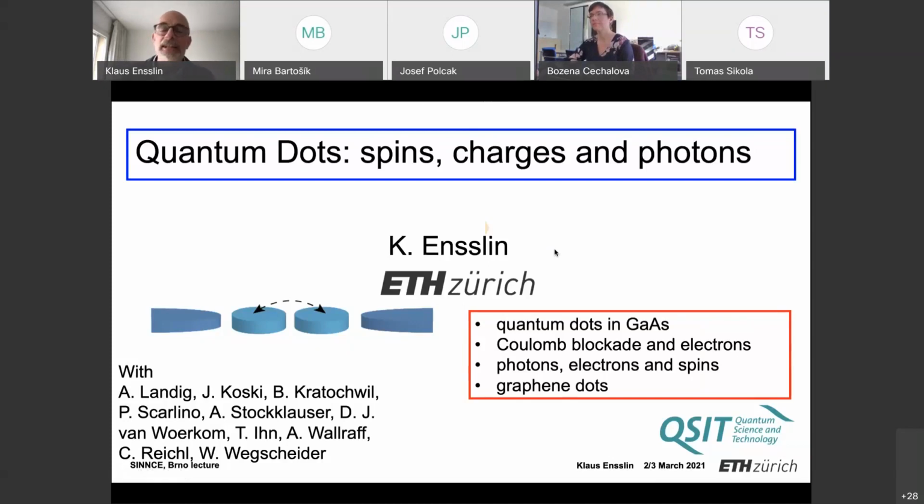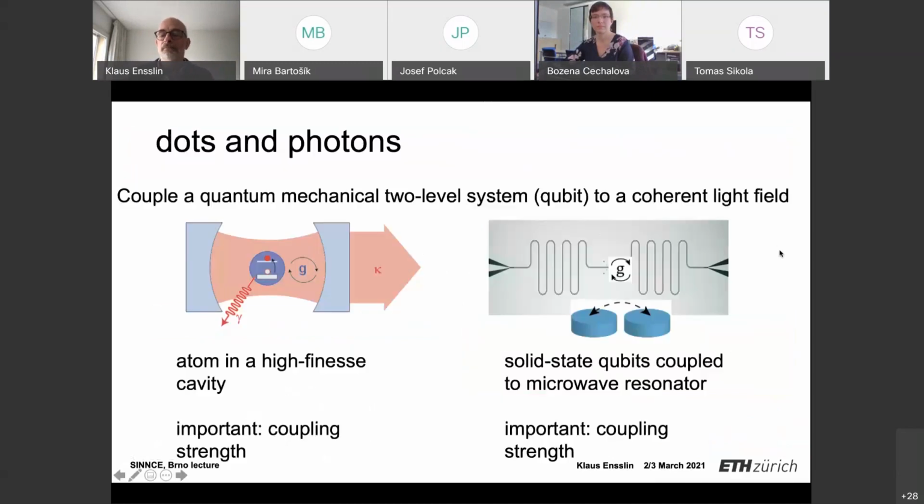Okay. Change of topics: high frequency access to qubits. This is sort of the motivational slide. What you see on the left-hand side is a schematic that comes from quantum optics.